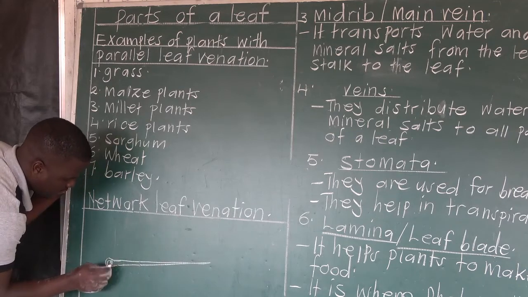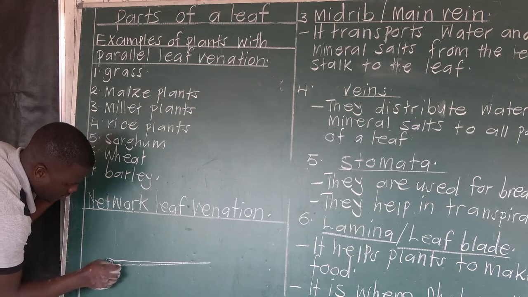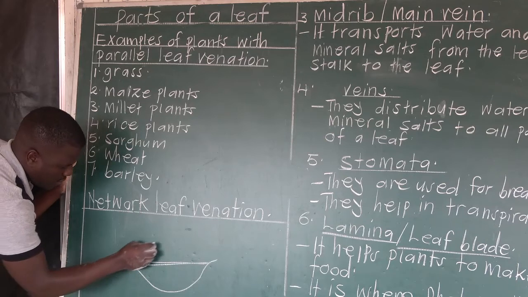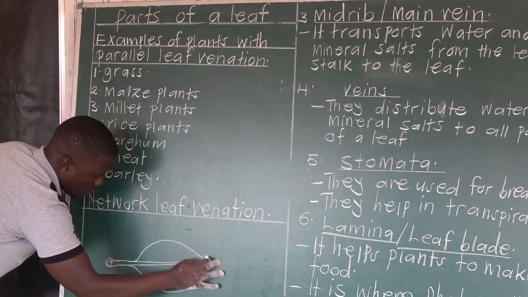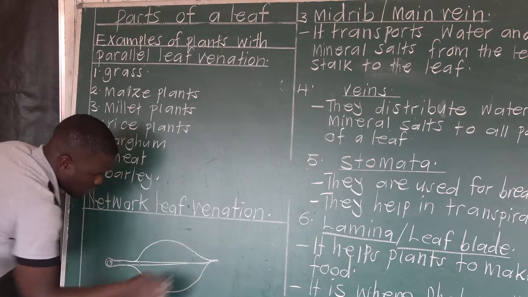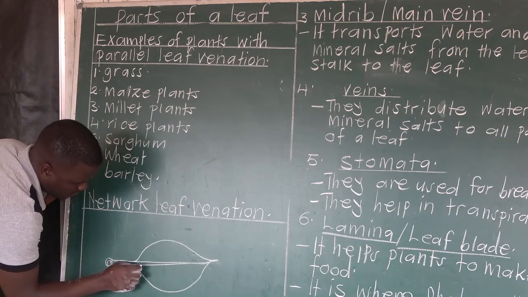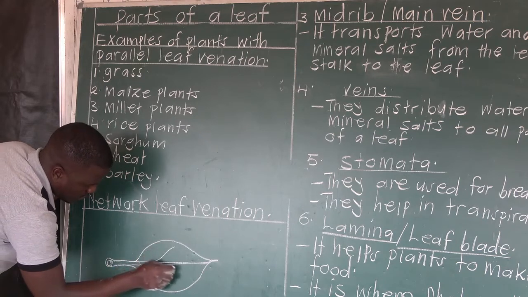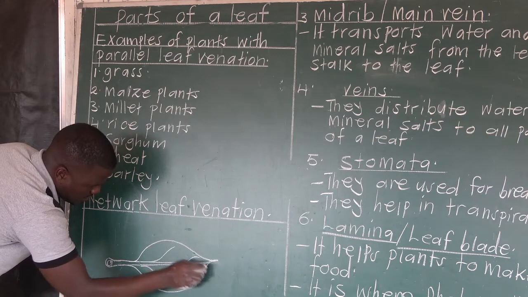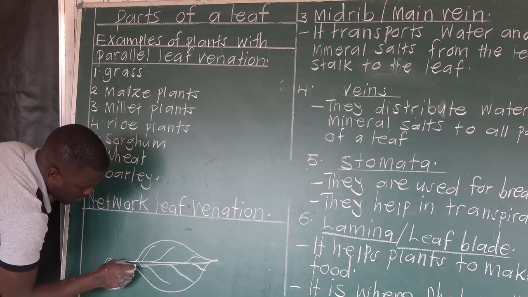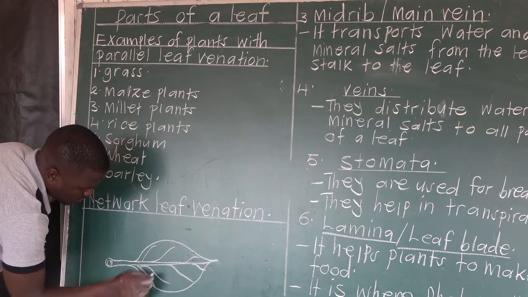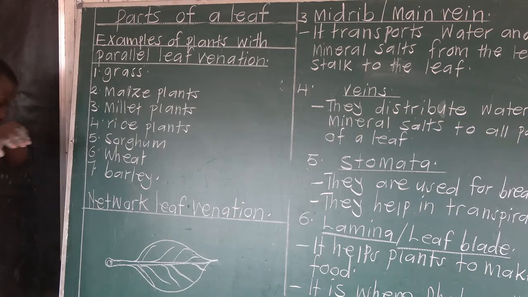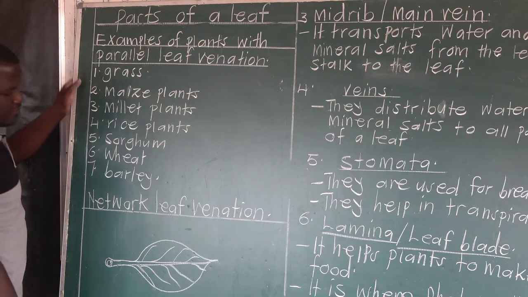It will be like this. Then we have veins moving like that. These ones are an example of network leaf venation.